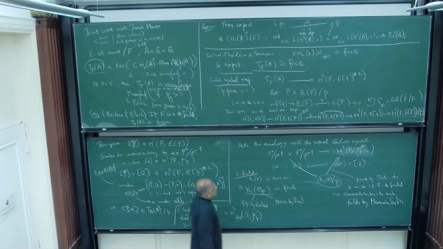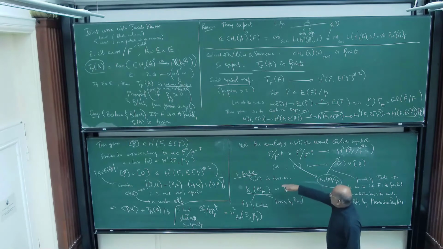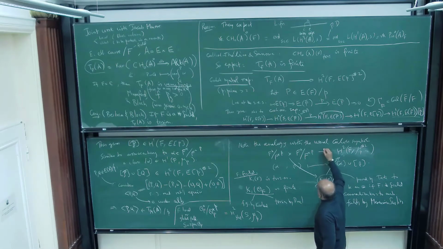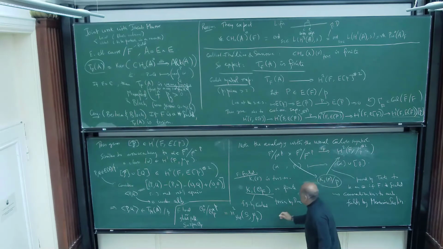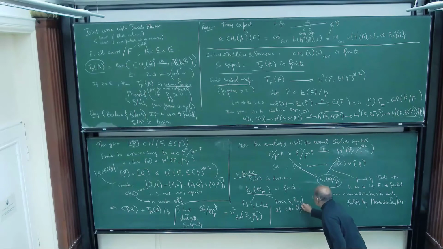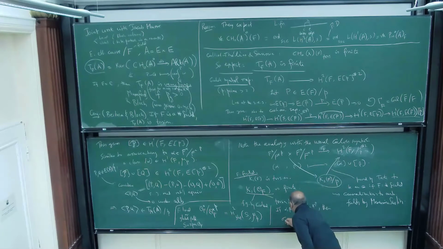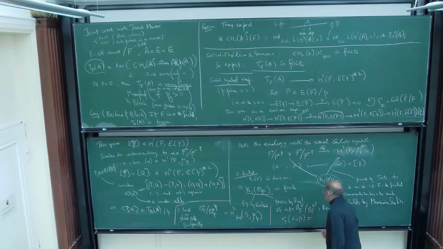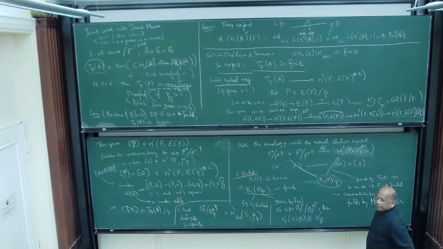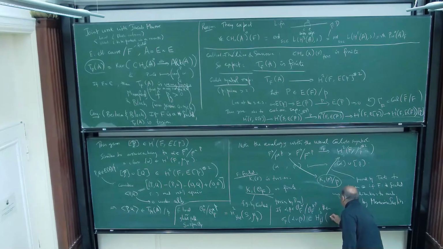So you can take cup products, and if you take the image of K2 O_F mod p under the symbol map, sigma p, then if alpha, beta are both units, the symbol map on alpha cup beta lands in H2 in the faithfully flat quasi-finite topology of Spec O_F with coefficients in mu p tensor 2.